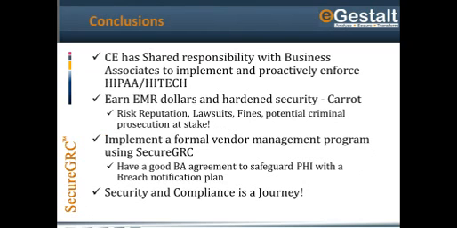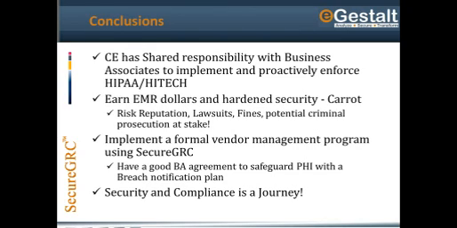So in summary, I just want to reiterate that covered entities have a shared responsibility, along with business associates, to implement and enforce HIPAA HITECH. There are automated tools out there like SecureGRC, certainly the only one that I know at this point that allows you to completely manage the process.